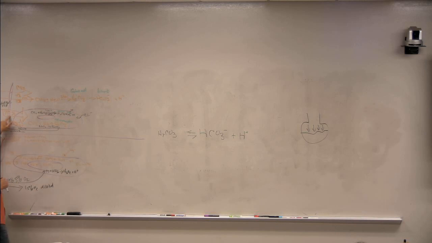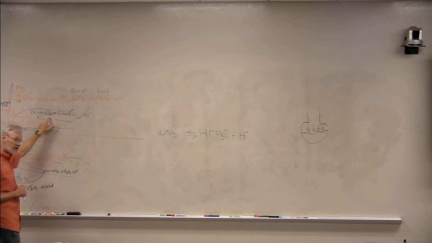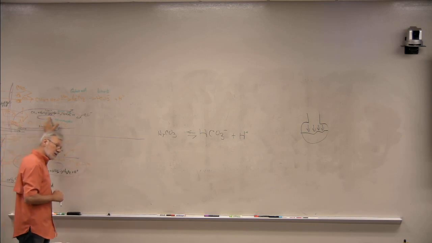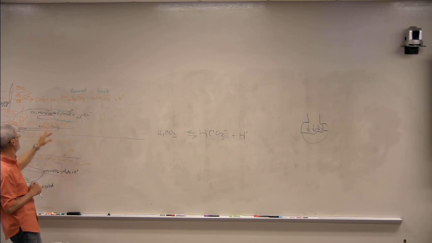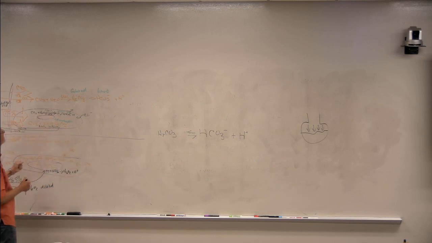70% of the CO2 comes out of the tissues, diffuses into the bloodstream, and gets hooked up inside the red blood cell. CO2 plus water, and inside the RBC, there's an enzyme called carbonic anhydrase. Carbonic anhydrase makes this reaction go very fast.